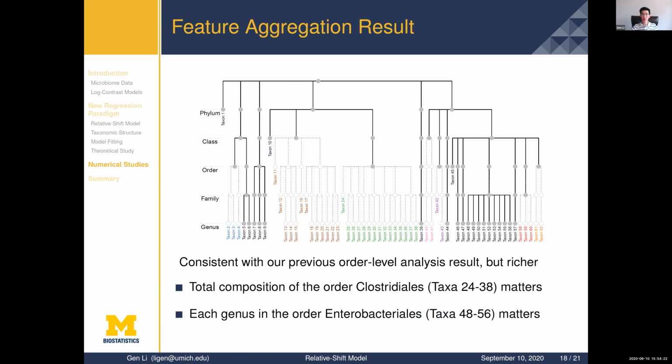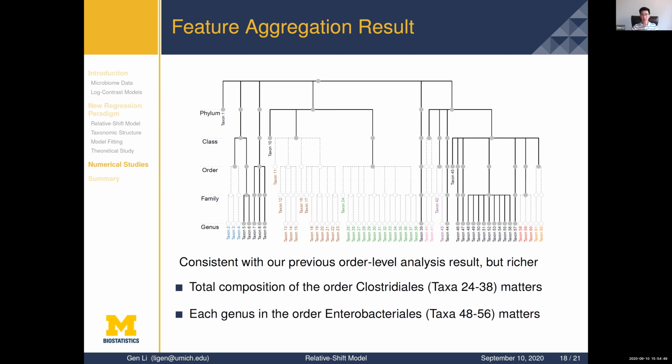This is the parameter estimation result after cross-validation. As you can see, the taxa with the same title colors are clustered or aggregated. For example, taxa 2, taxa 3, taxa 4 share the same regression coefficients, so they're aggregated up to the order level.